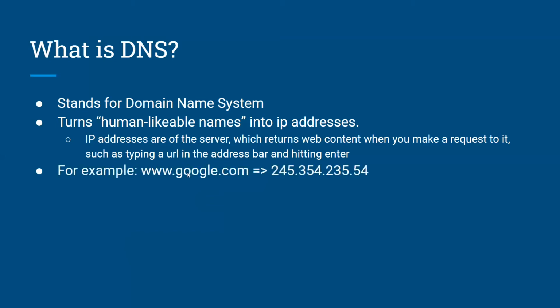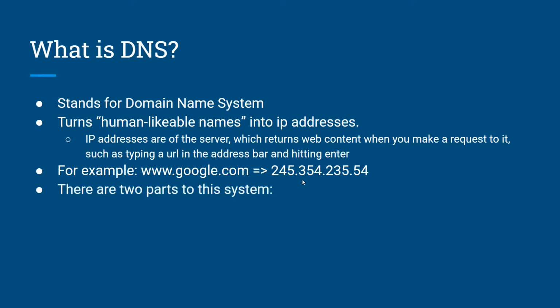So when you type in google.com, your browser doesn't know where the server that hosts the google.com web page is. It can ask a specific server, but it doesn't know which server to ask because it does not know the IP address of the server. And so what the domain name system does is turn this name into an IP address like this.